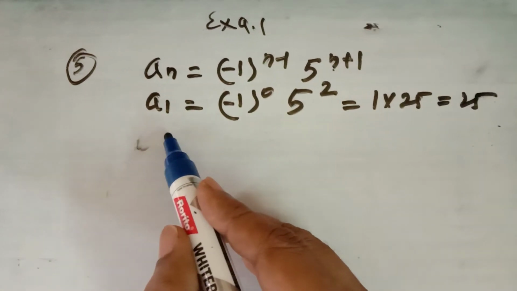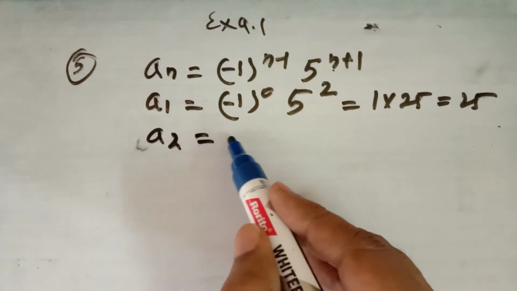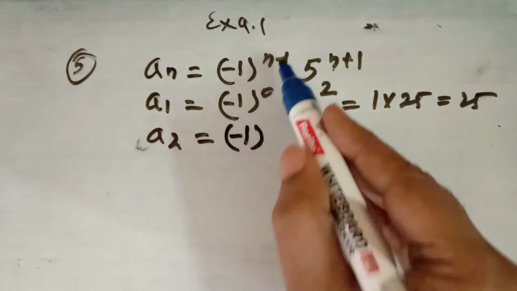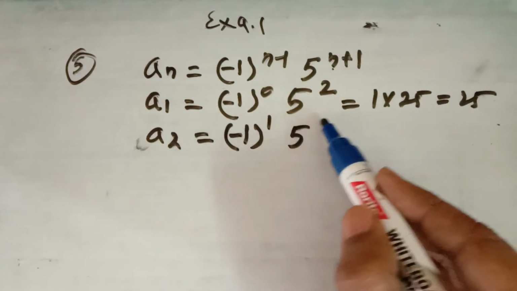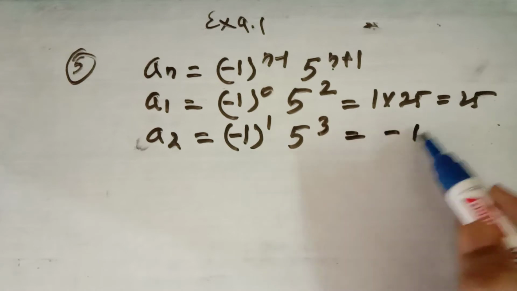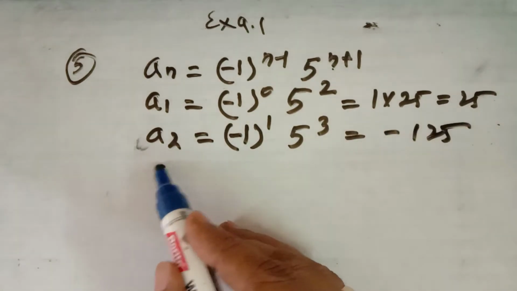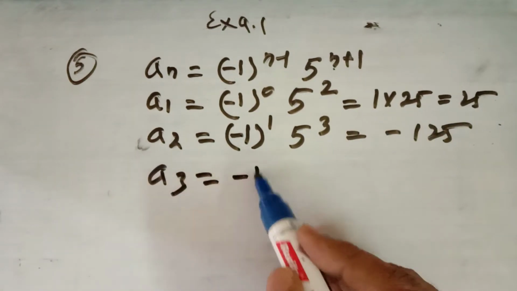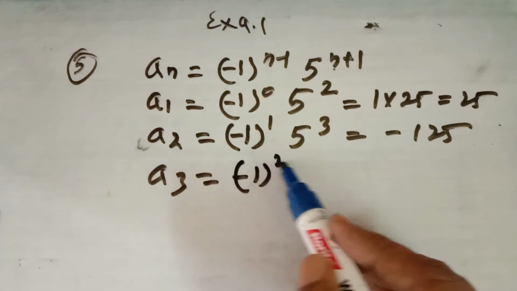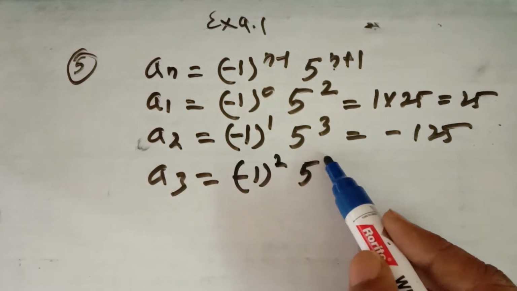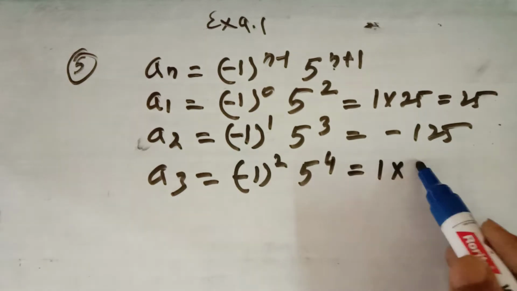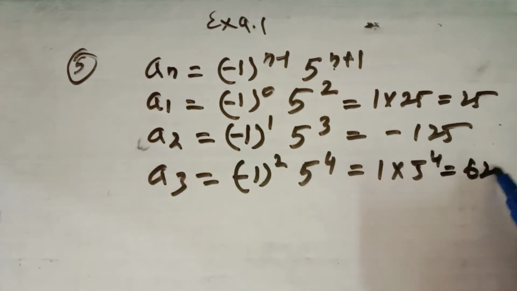And like this you can find all the terms. So minus 1 raised to power, replace n by 2, it will be 1, and 5 raised to power 3, that is minus 125. And like this, the third term: minus 1 raised to power 2, 5 raised to power 3 plus 1, that is 4. So 1 into 5 raised to power 4, that is 625.